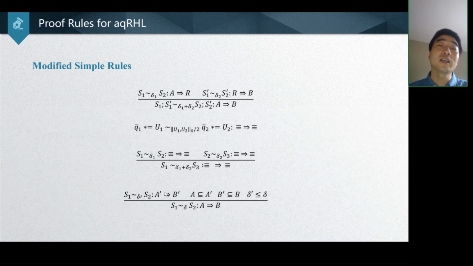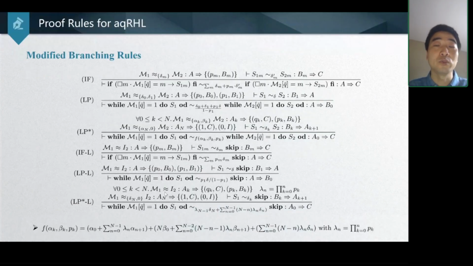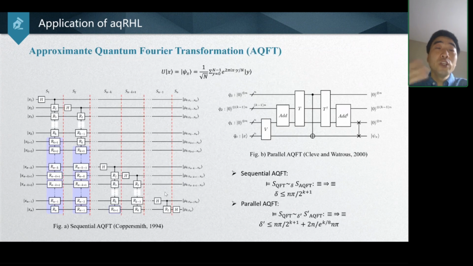So if S1 and S2 are one relation from A to R, and S1 prime and S2 prime are related with R to B, then S1 composite with S1 prime is delta 1 plus delta 2 related to S2 composite with S2 prime. So this is the multi-dimension rules. So we use approximate quantum relational Hoare logic to reason about approximate quantum Fourier transform.